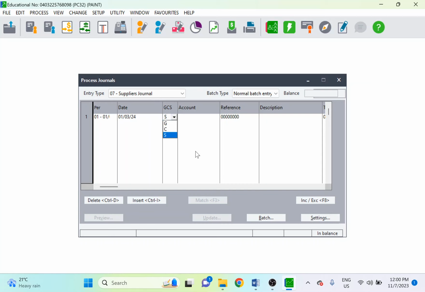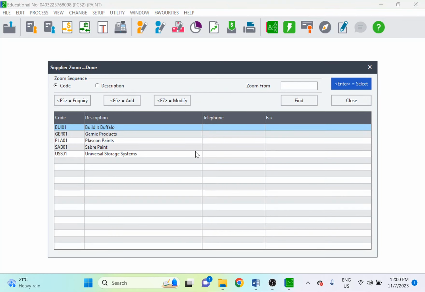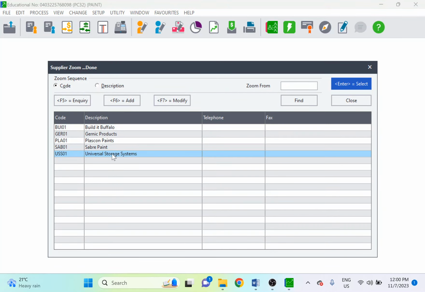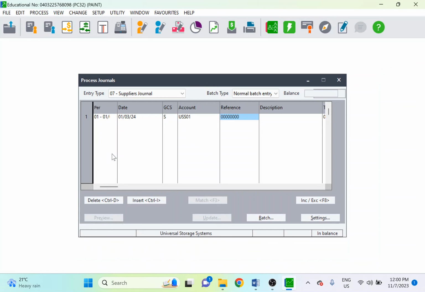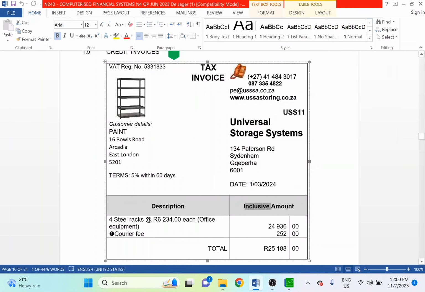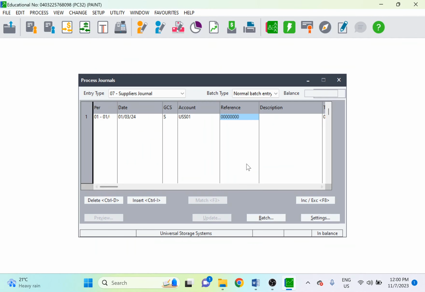In this case, we're going to select supplier because we're doing supplier invoices. Account, you select universal storage systems. Under reference, we use the invoice number, which is USS 11.